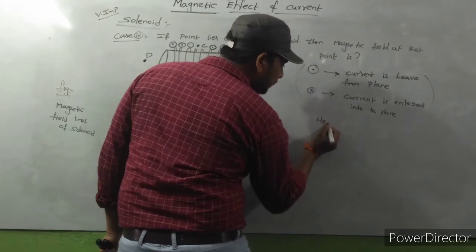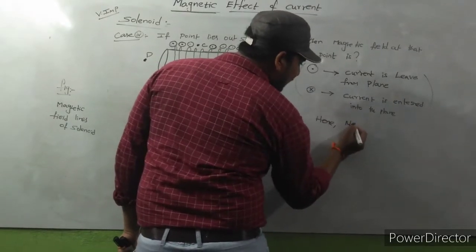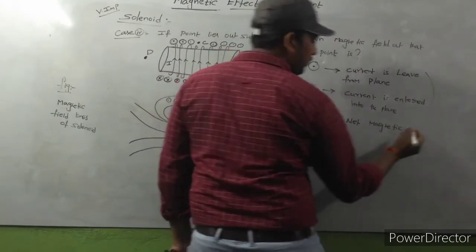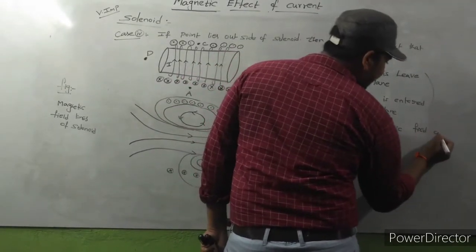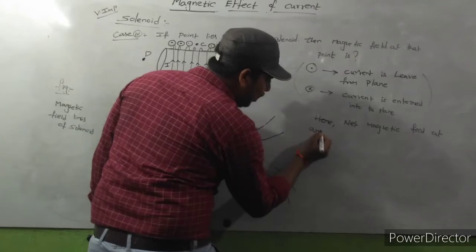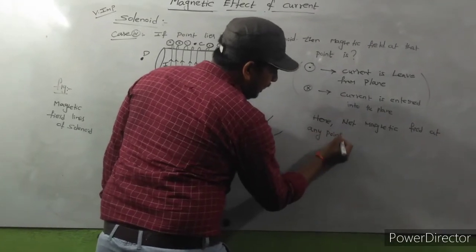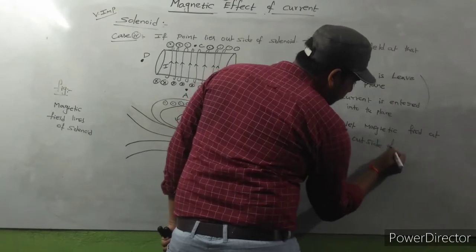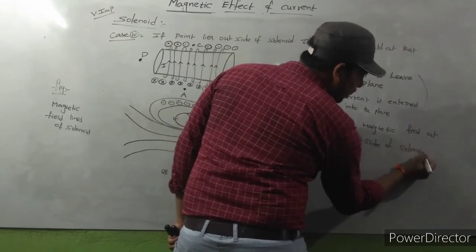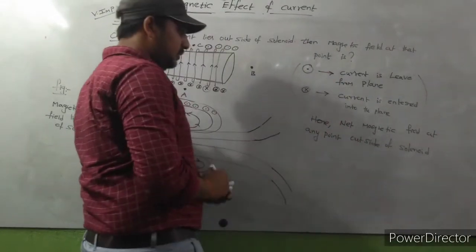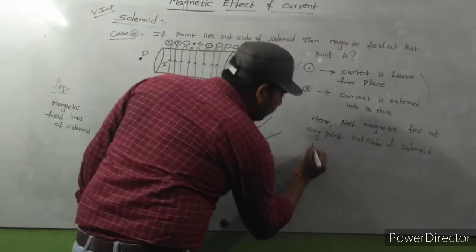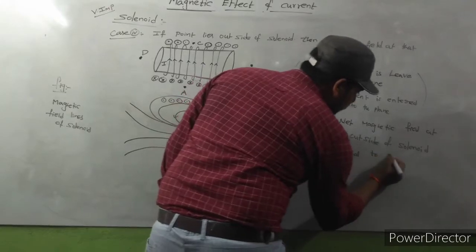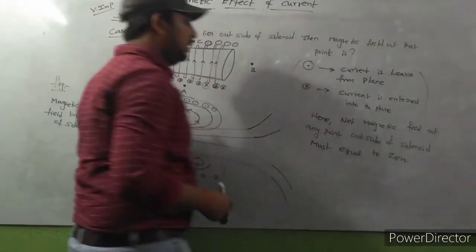So the net magnetic field at any point outside of the solenoid must equal zero.